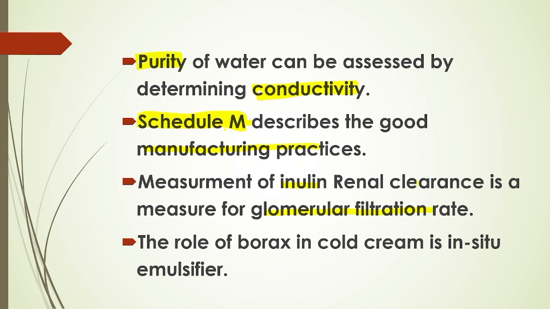Renal clearance is by using the plasma: with the help of plasma we can determine how much amount of waste material is removed through the kidneys. That is called renal clearance, meaning the waste material is cleared from the renal, meaning the kidneys. That rate we call the glomerular filtration rate.